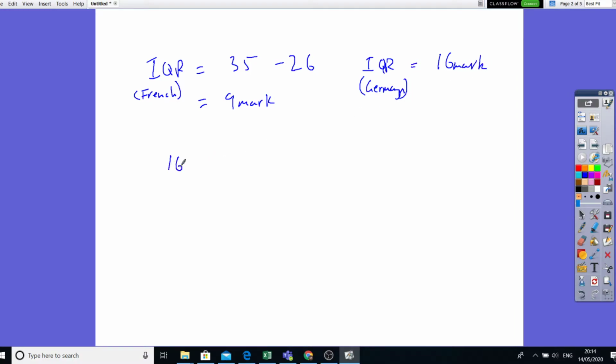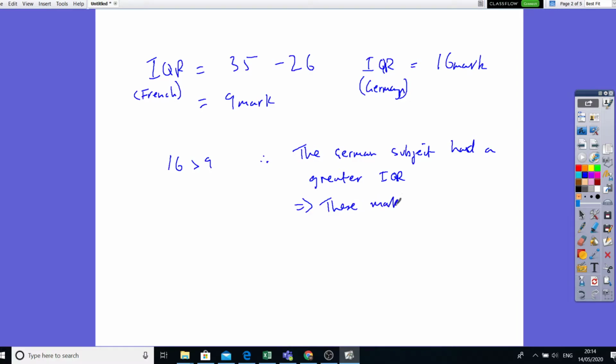Now 16 is greater than 9, therefore this German subject had a greater interquartile range, which implies these marks were more inconsistent and had a larger spread.